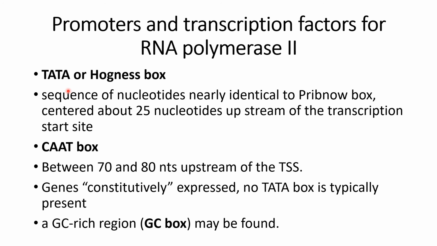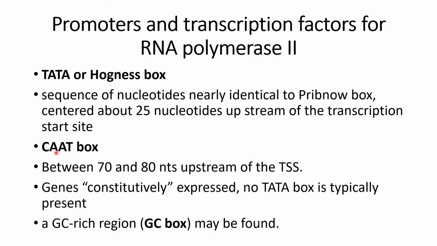These are the basic transcription factors which bind this box so as to initiate transcription. Then the other transcription factors come and bind to their specific regions, along with the transcriptional machinery, so as to form a transcriptional complex. One of the promoter regions in eukaryotes is the TATA or Hogness box. It lies about 25 nucleotides upstream of the transcriptional start site.